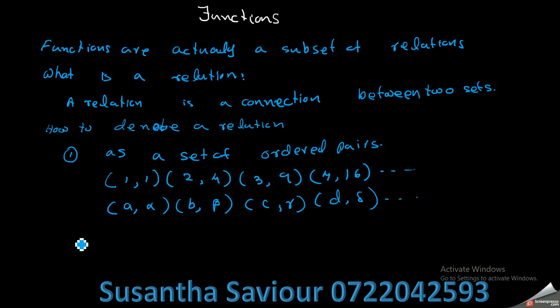Then what is the other method? We can denote it as a graphical notation. We can denote it as a graph.